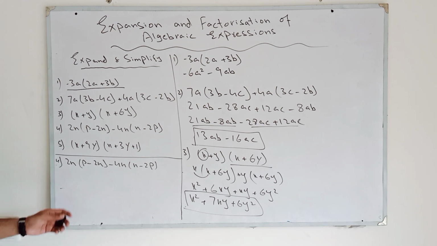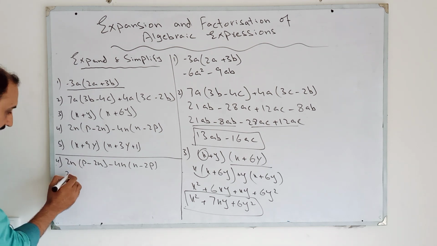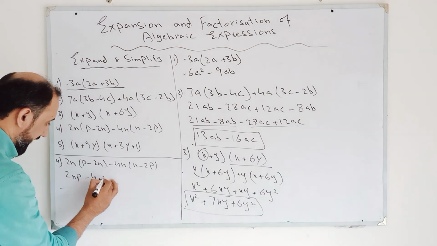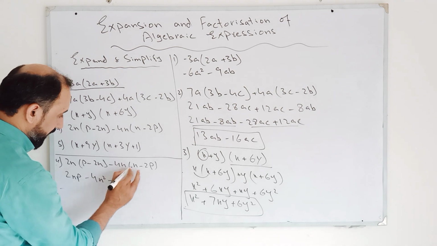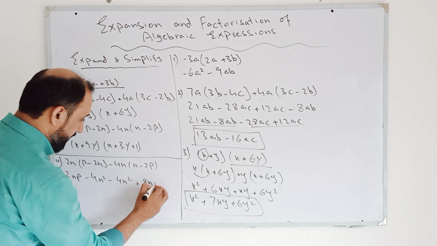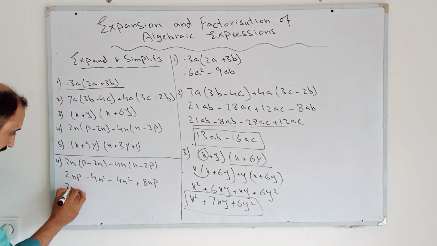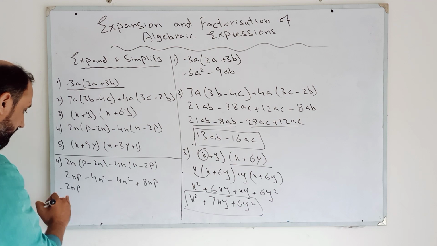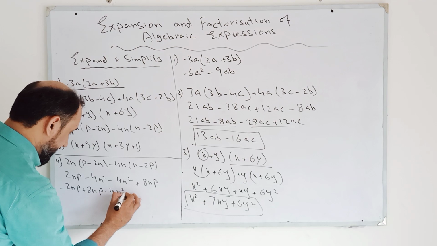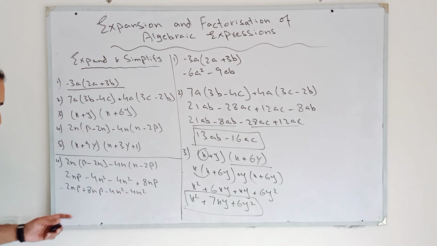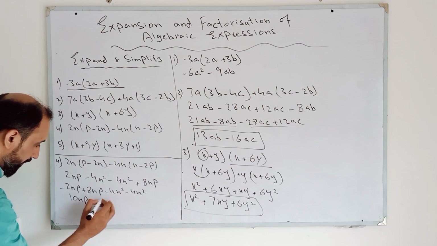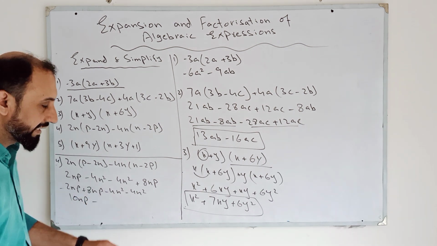First, 2n multiplied by p is 2np, minus 2 times 2 is 4, n multiplied by n is n squared, so minus 4n squared. Minus 4n multiplied by n is minus 4n squared, and minus times minus is plus: 4 times 2 is 8np. So 2np plus 8np are like terms, which gives 10np, and minus 4n squared minus 4n squared gives minus 8n squared.